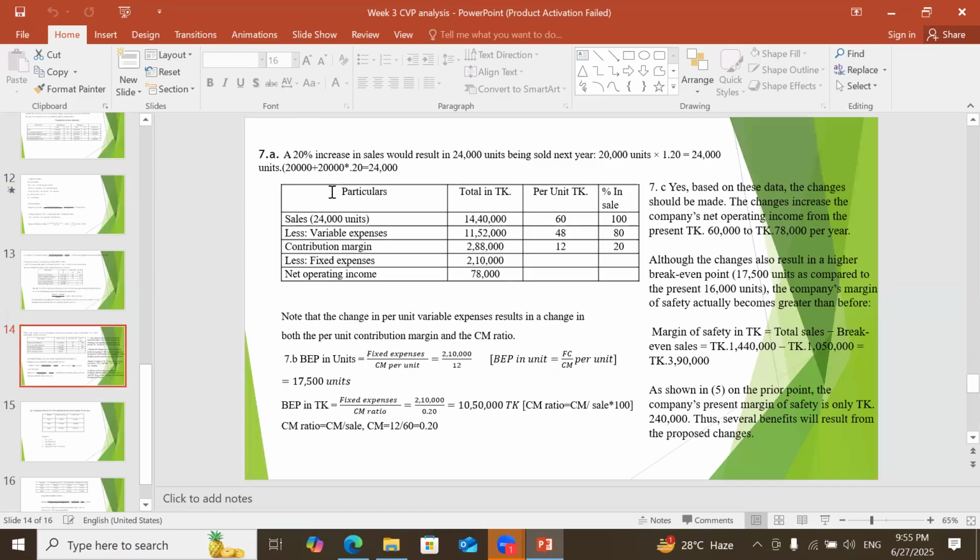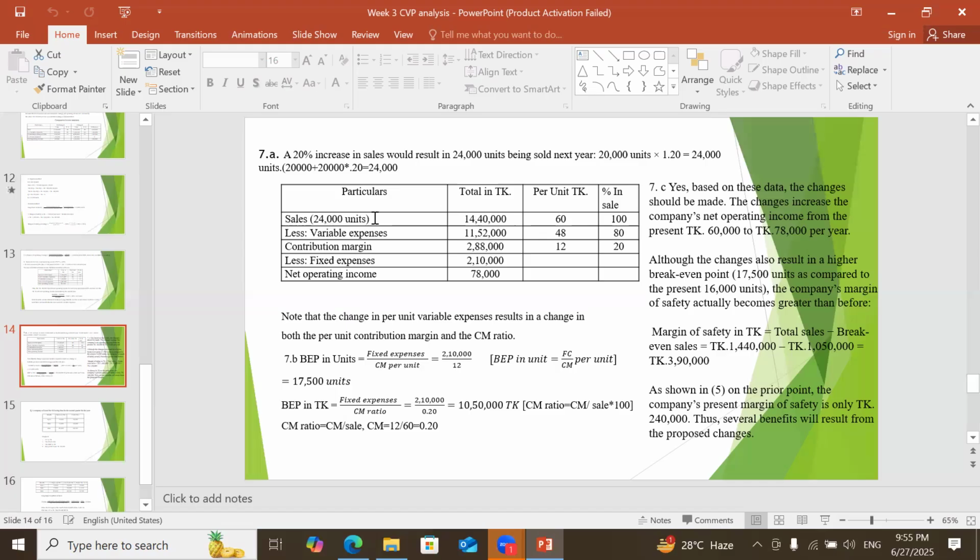7.A, 20% increase in sales, original sales 20,000, and for 20% increase, now total sales 24,000 units. So this is the contribution format of income statement.